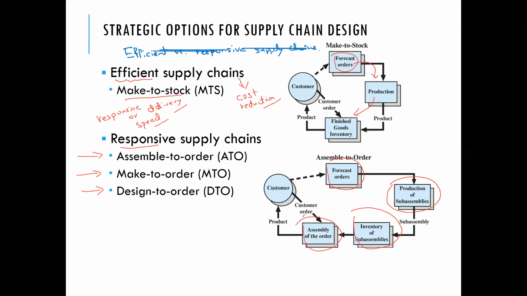So the differentiation between assembled to order and make to stock is that there is no stock of the finished item. Only sub-assemblies are kept.